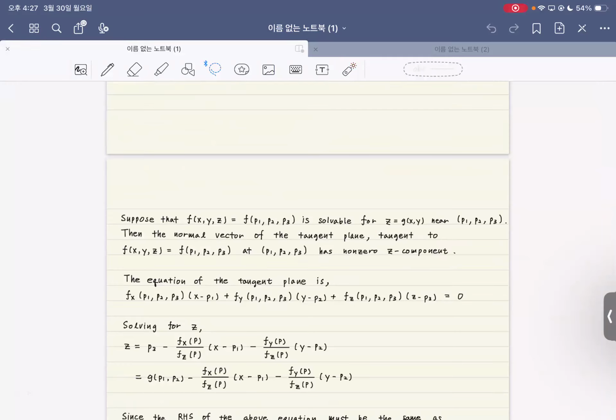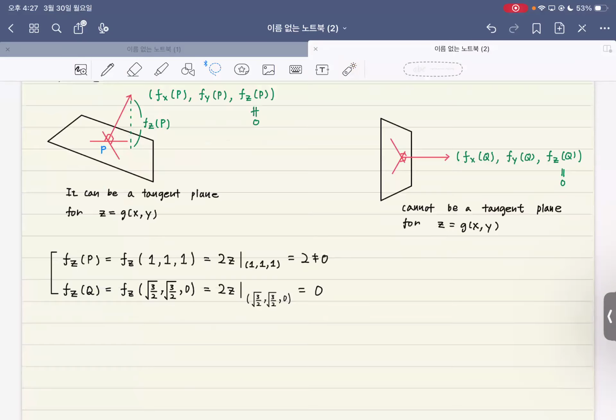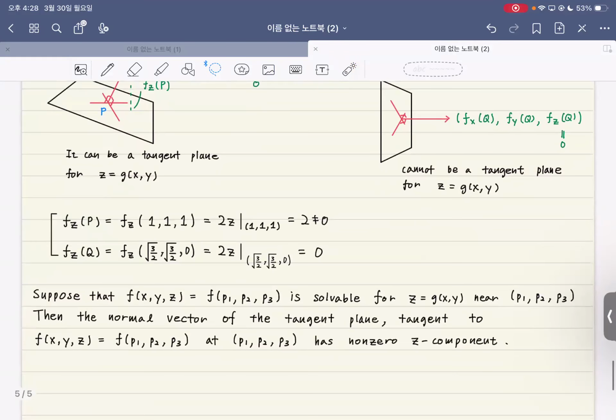Now, we want to talk about the derivative of this implicitly defined function. Suppose that you have some random equation, and say that this equation is solvable for letter z around this point. That means at this point, f_z must be non-zero, right?